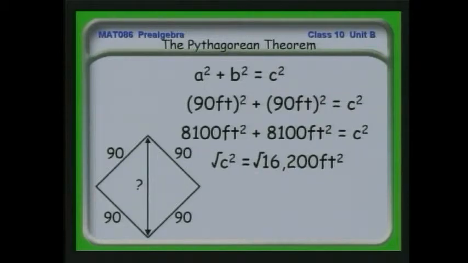To take the square root of both sides, I get that C is equal to 127.26 feet, or we can just round that off and say that the distance between home plate and second base is awfully close to 127 feet.